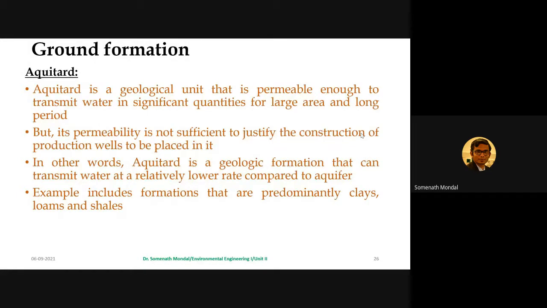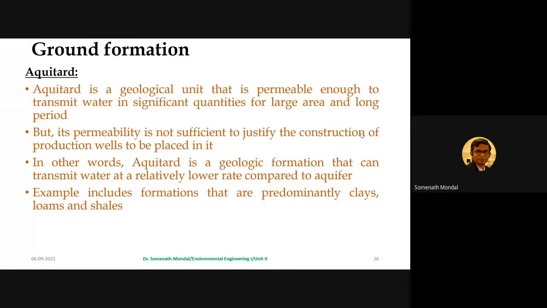So that means, still it has the capacity to transmit water from one point to another point, throughout the prolonged period of time, and then the quantities can be significant. However, in short term, in those cases which are conducive to construct wells, the permeability is not that significant that so much water would accumulate in a short period of time, and which can be yielded out by construction of wells. So that is not possible in case of aquitard.